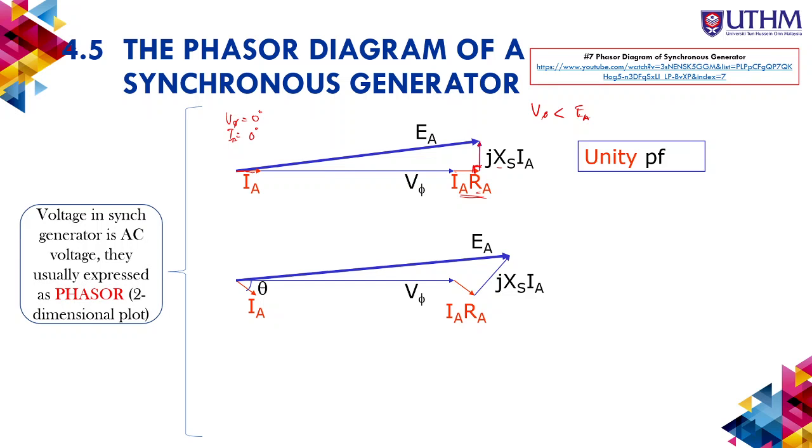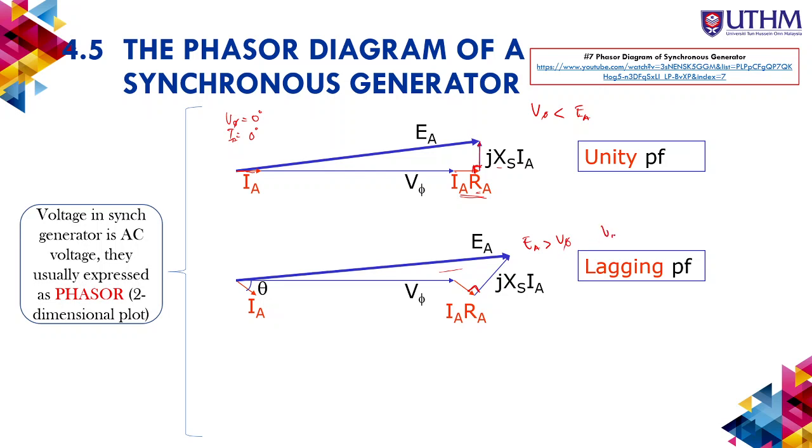Okay, lagging power factor. So IA, dia ada some angle. So ni IA sama lah dekat sini. So ni IA times with R. Okay, and then this is 90 degree. Okay, kita tegakkan je, and then kita connect everything lah. Okay, so still we can see that the EA is much bigger than the V phase.